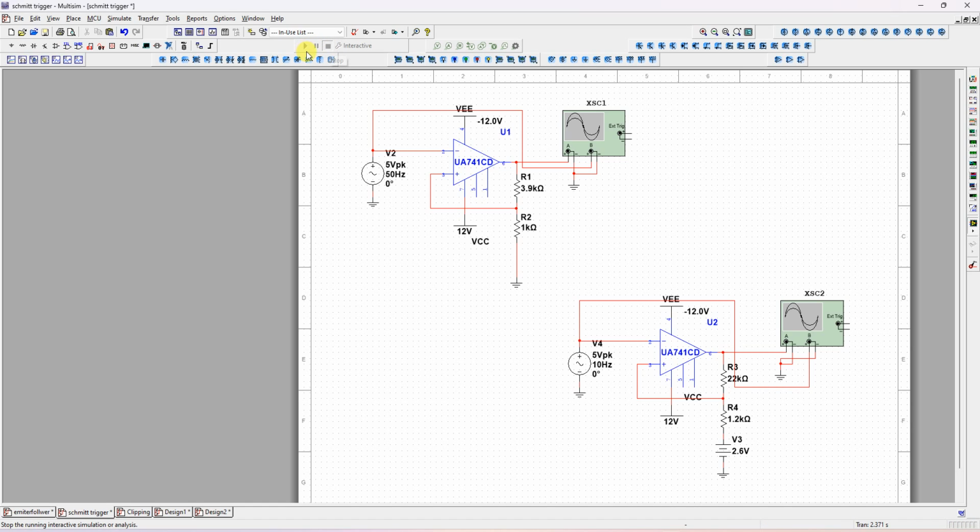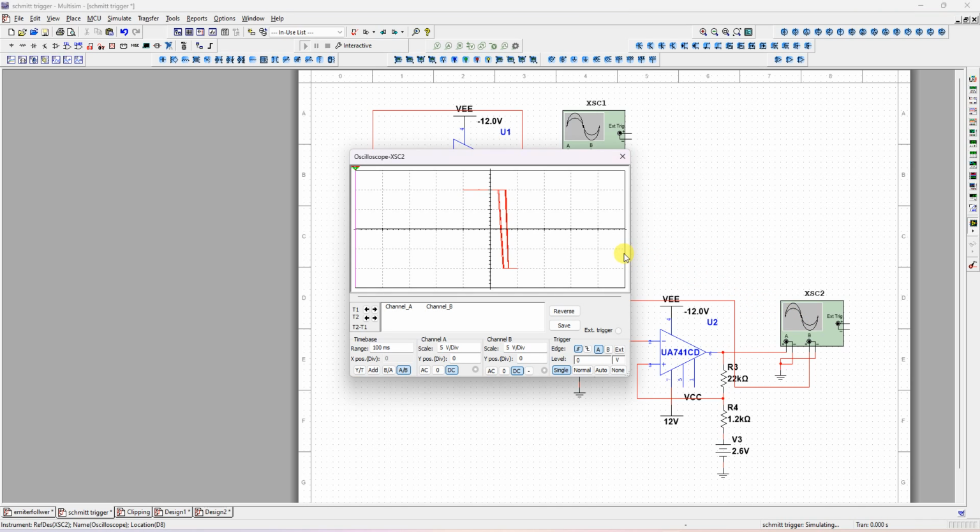I'm once again running. Yeah, this is one division is equal to how much? 5.